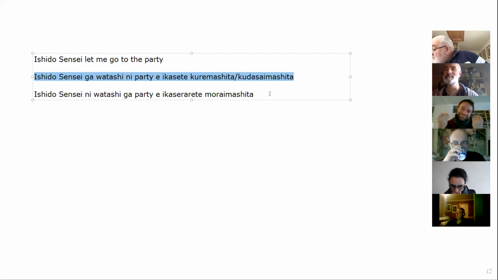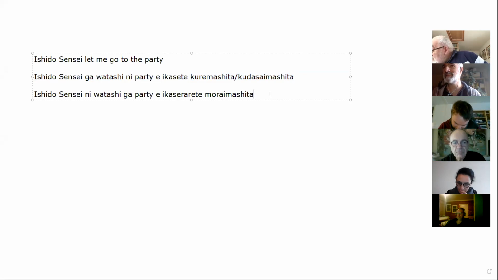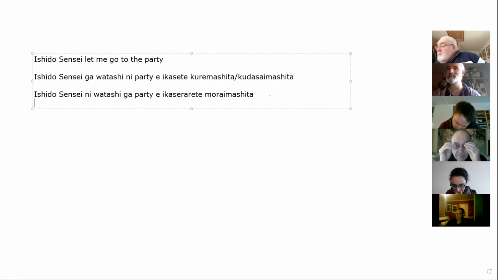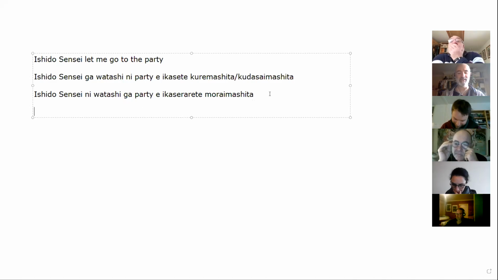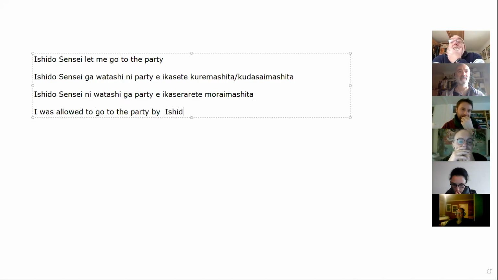But if we try to make this phrase in a Latin-based language, like, well, let me use English first, because I think we're principally Latin with a bit of Germanic. I would have to say, I was allowed to go to the party by Ishido Sensei. Now, again, this allowed is a verb that's done by Ishido Sensei, but I become the subject.